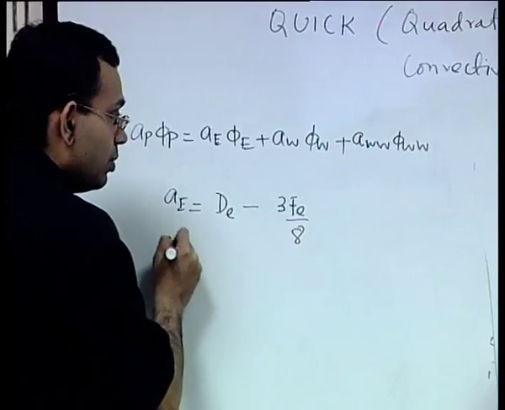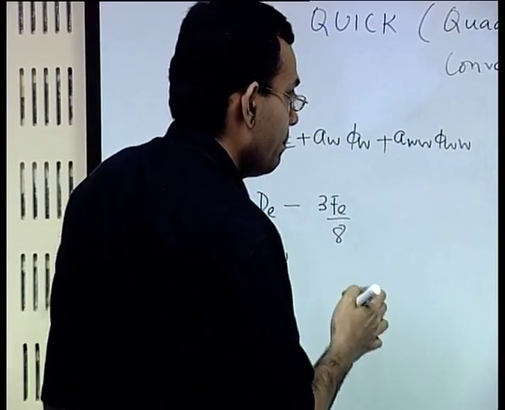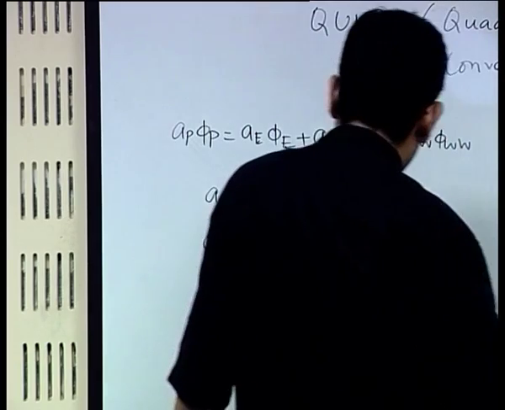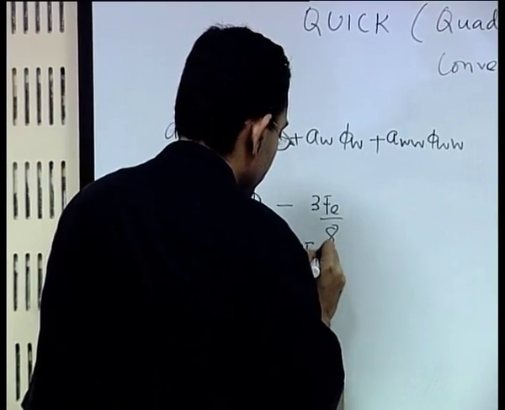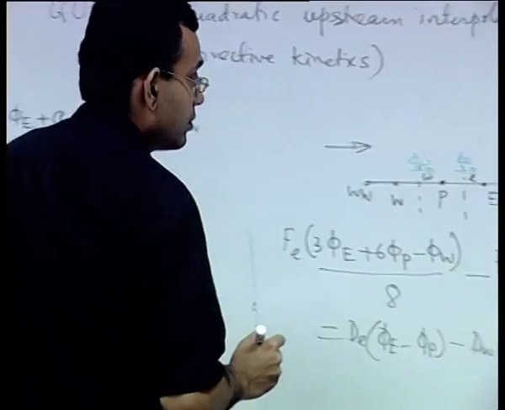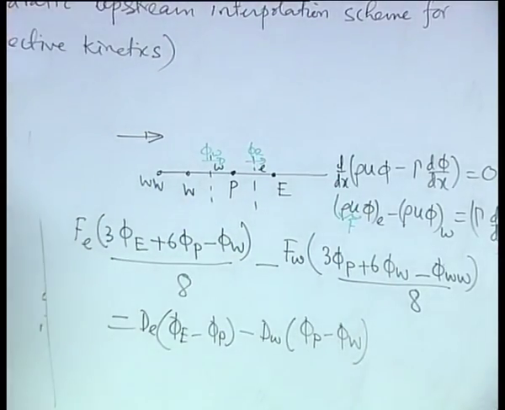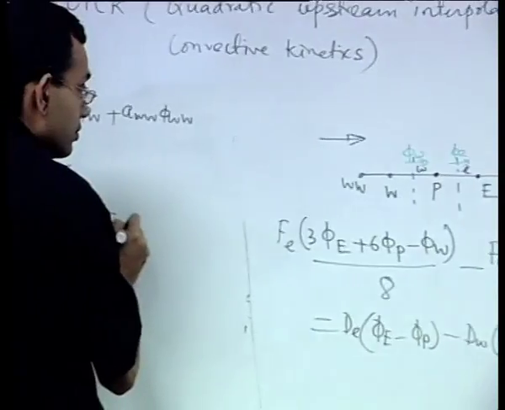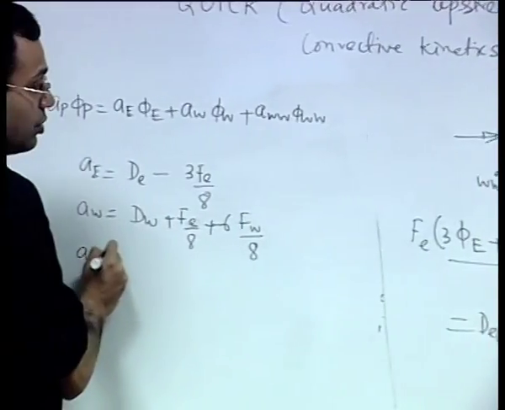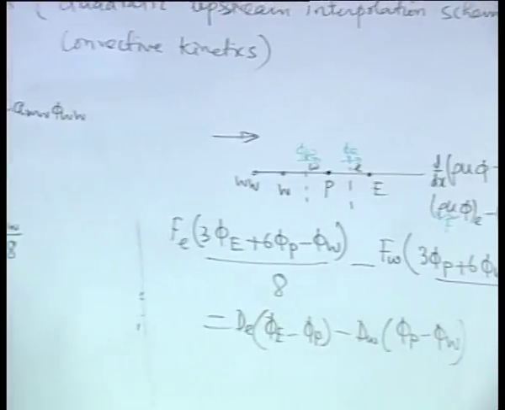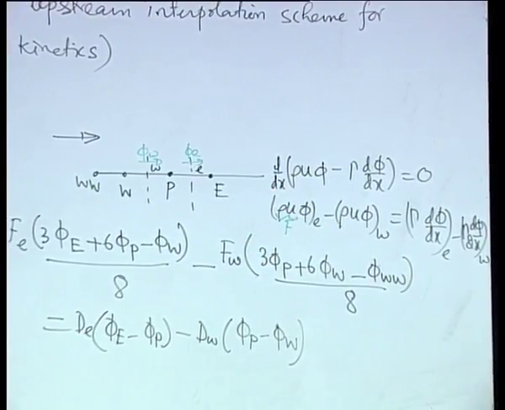What is AW? DW plus FE by 8 plus 6 FW by 8. AWW is equal to minus FW by 8 and so on.